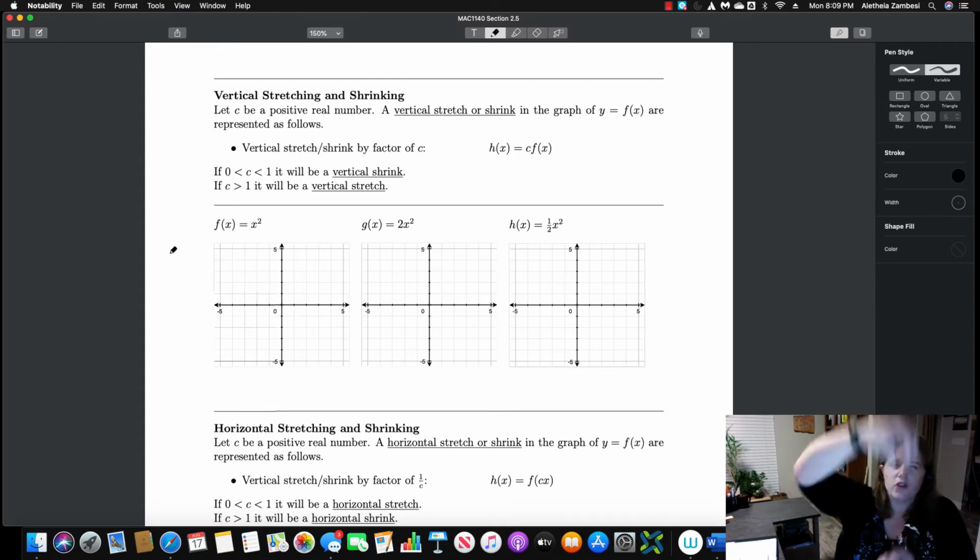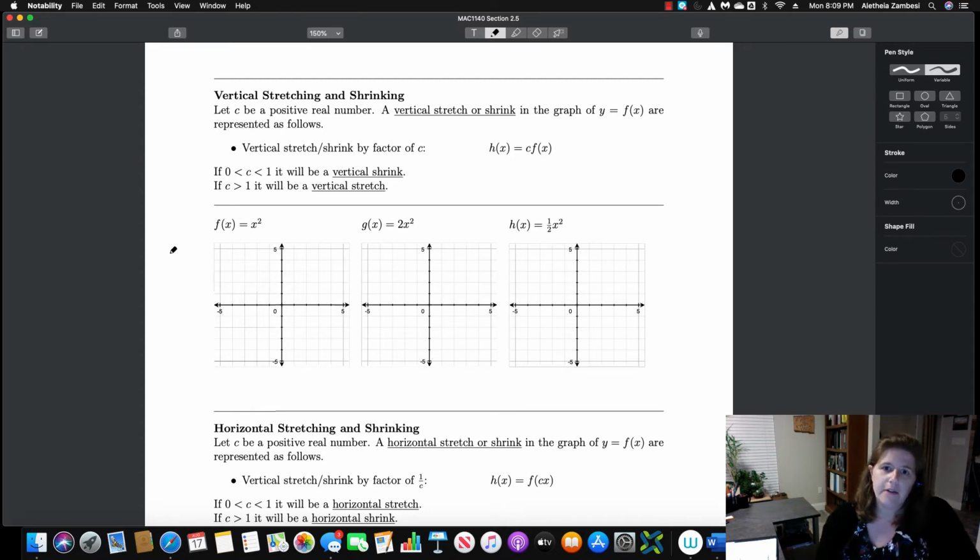It's like we're stretching it out on the y-axis. If we multiply it by a fractional value between 0 and 1, it's like you take it and you squash it down. So it's called stretching and shrinking. Stretching for values greater than 1, shrinking for values that are fractional below 1.